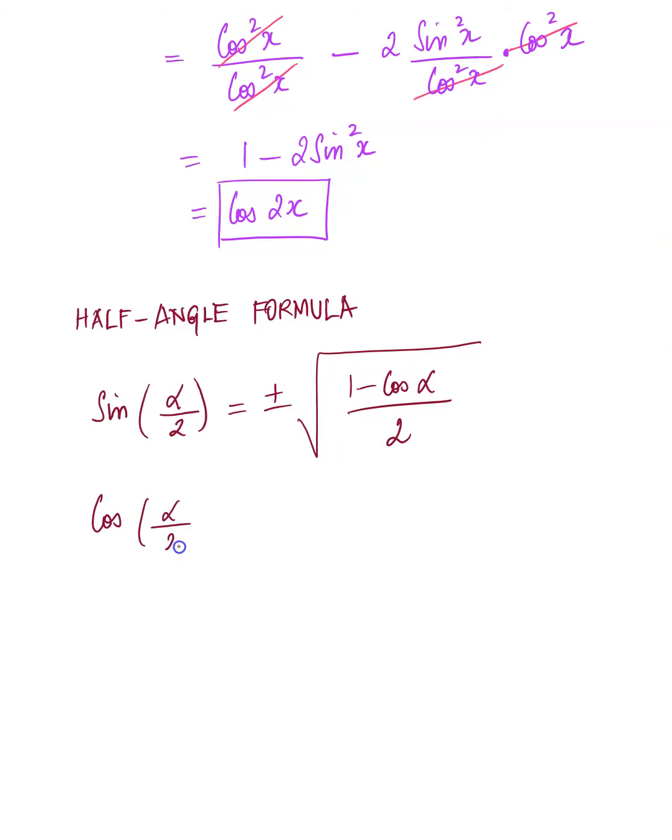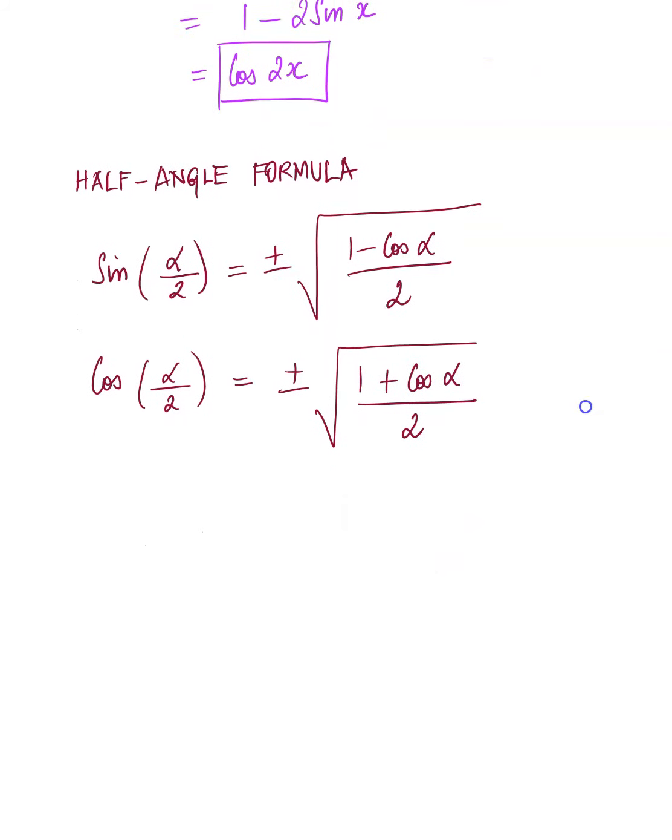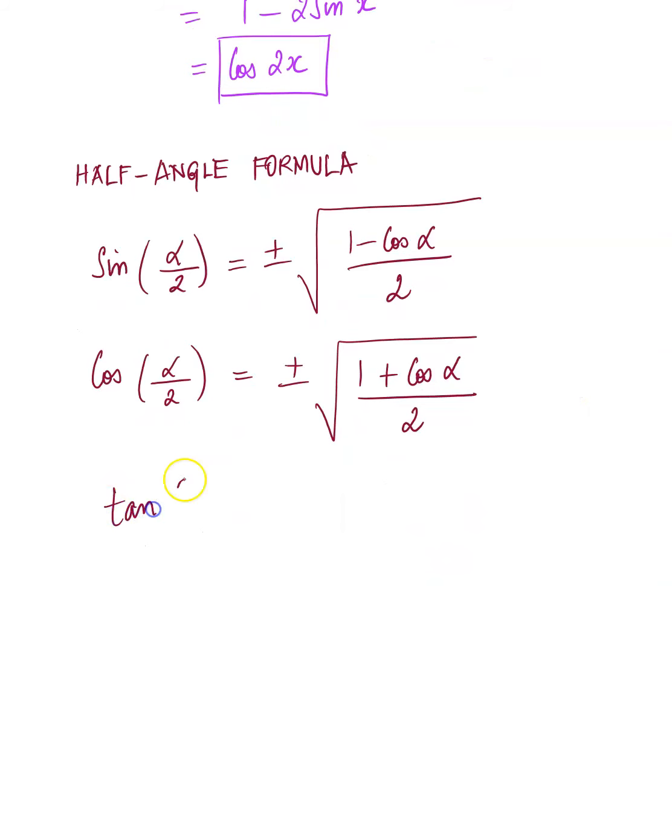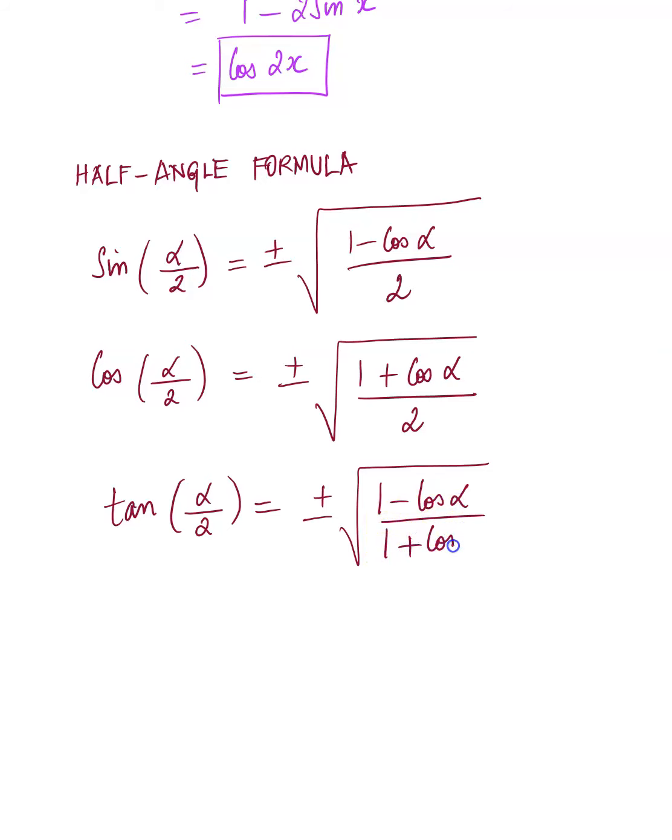Cosine alpha over 2 is plus or minus square root of 1 plus cosine alpha over 2. And tan alpha over 2 will be the ratio of these two, which would come out as plus or minus square root of 1 minus cosine alpha over 1 plus cosine alpha.